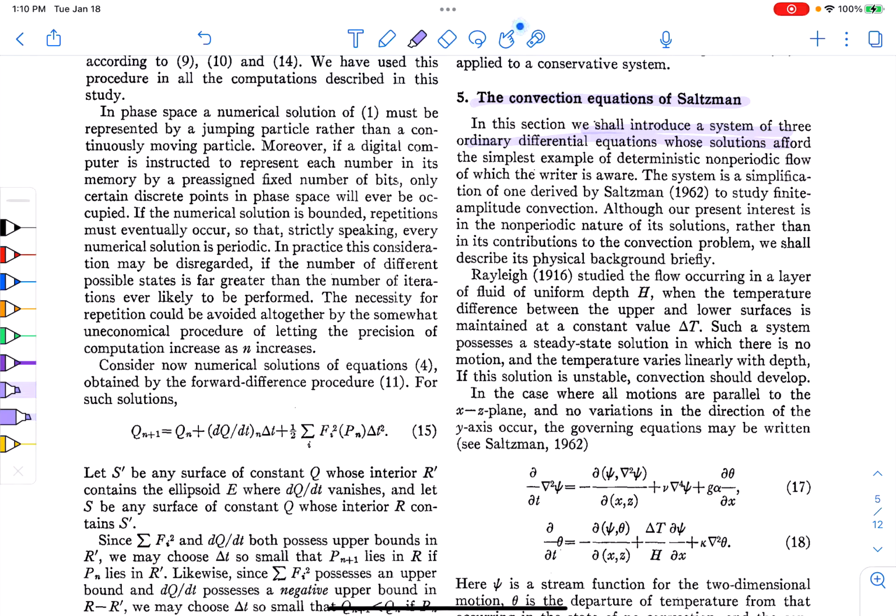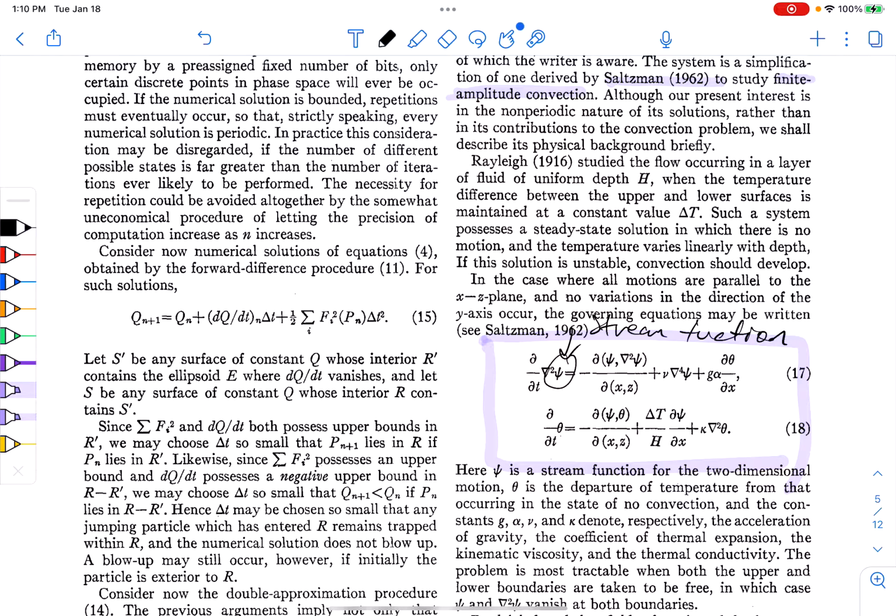Here are the basic equations. These are not Navier-Stokes, but you have a stream function, psi, and you have a temperature. In these communities, it's not uncommon for people to call temperature theta. It's actually a temperature about the mean or uniform atmospheric temperature. Anyway, this is your set of equations, which can be reduced by the governing equations.